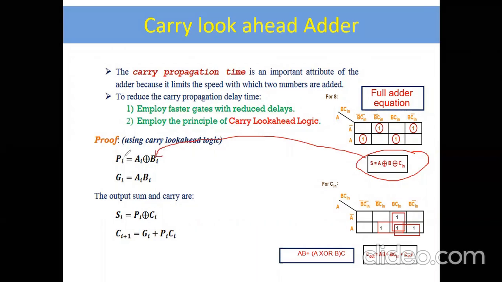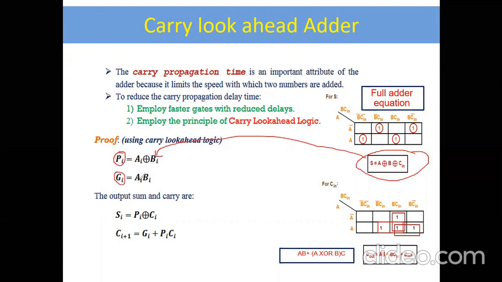This Pi is called carry propagate. So the carry propagate is denoted by Ai exclusive or Bi. Then Gi is called carry generate.